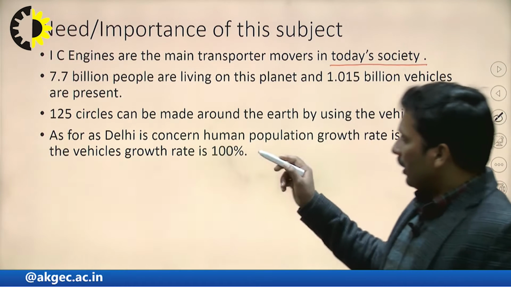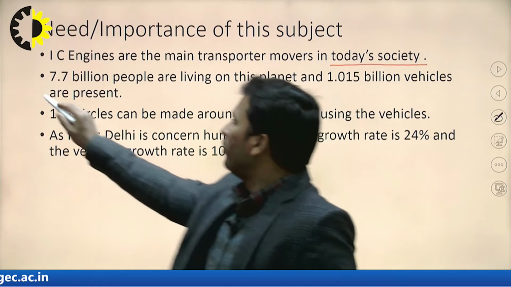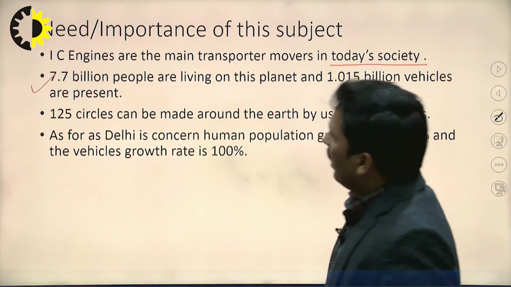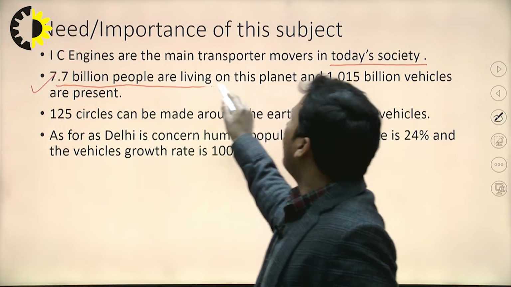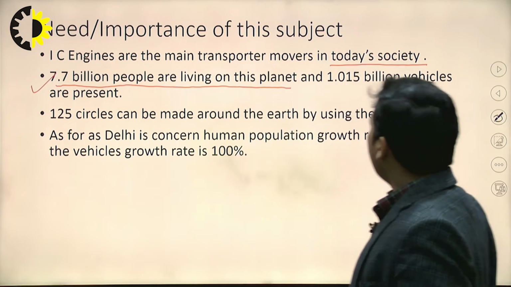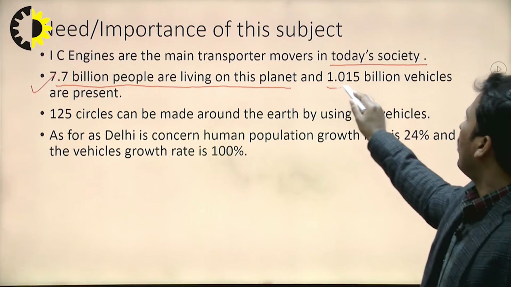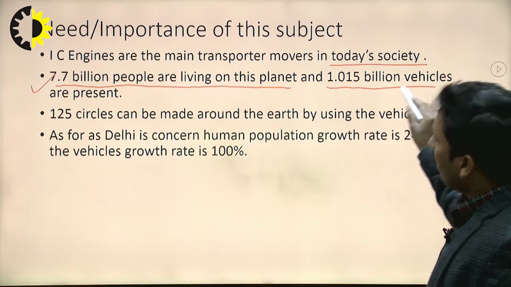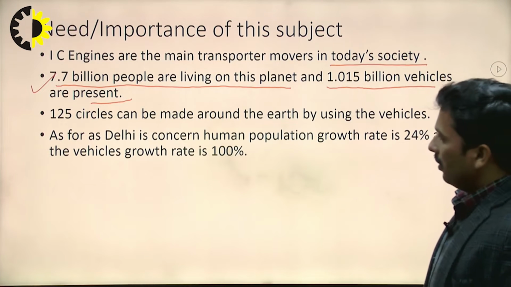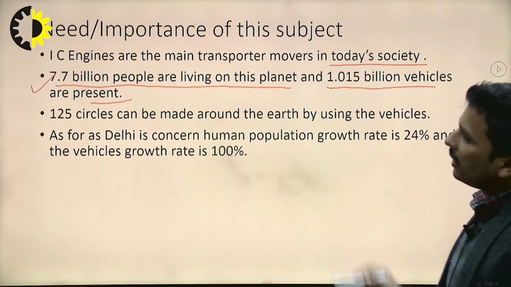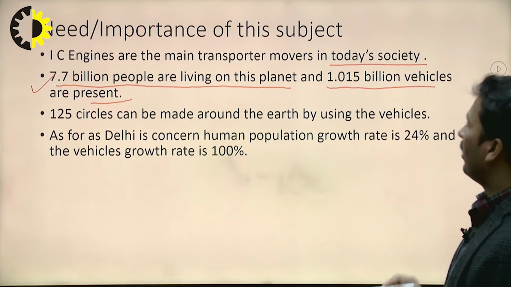If we look at some figures, approximately 7.7 billion people are living on this planet, and approximately 1.015 billion vehicles are present on this planet. So we can roughly say that every 7th person on earth has a vehicle.